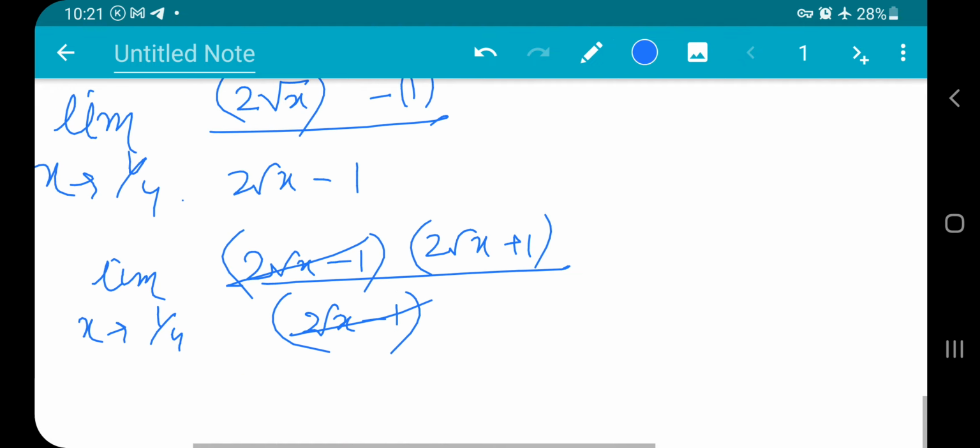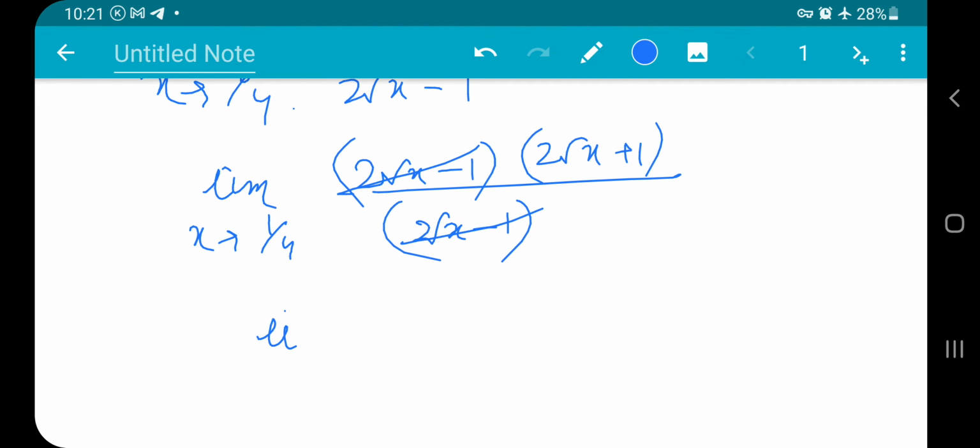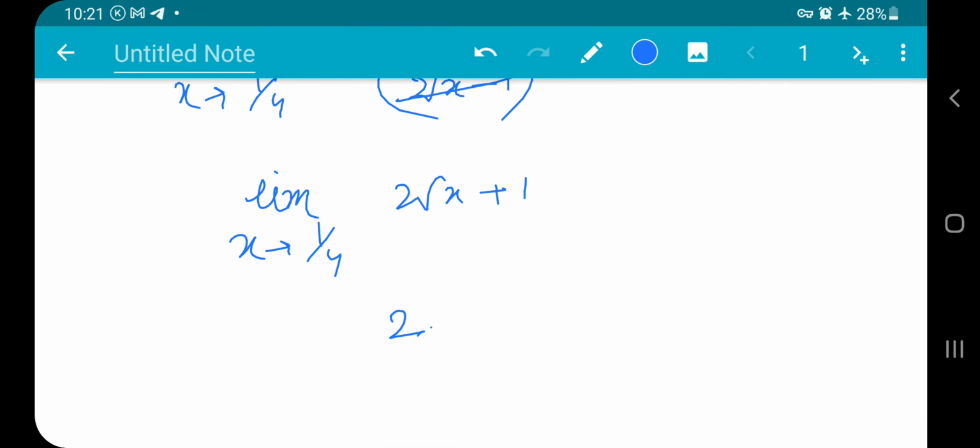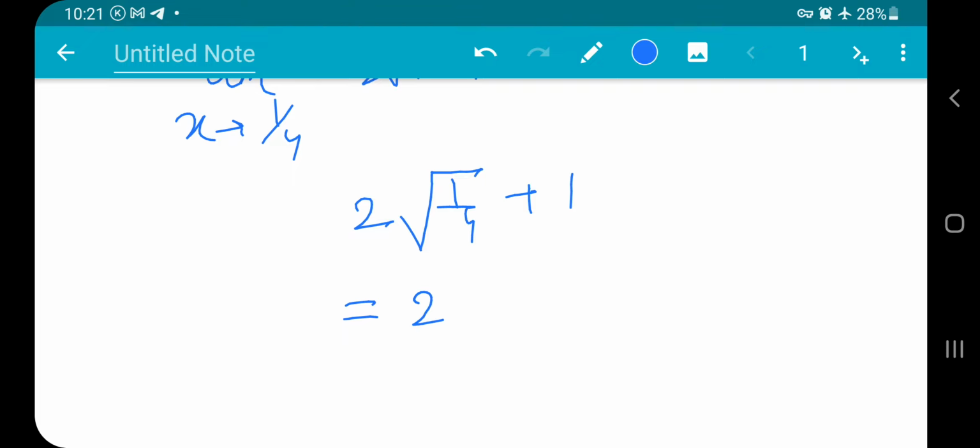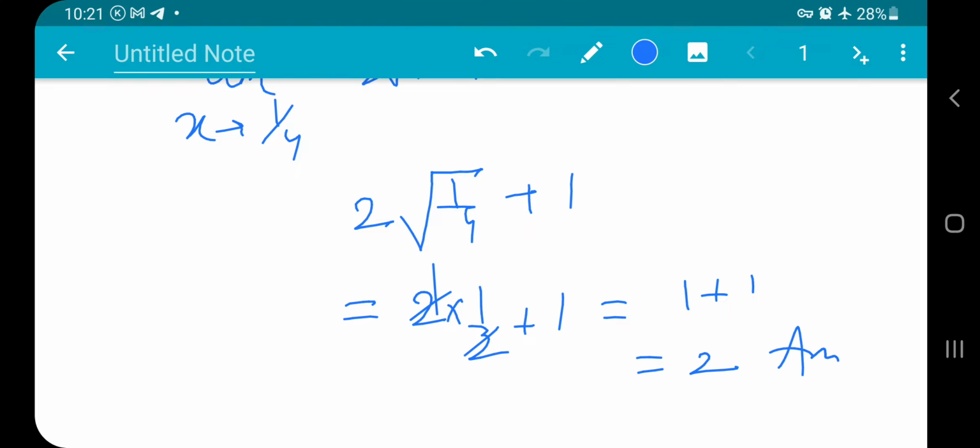This gets cancelled, and we are getting limit x tends to 1 by 4, 2 root x plus 1. So we are getting 2 root of 1 by 4 plus 1. It's equal to 2 into 1 by 2 plus 1. That is equal to 1 plus 1, that is 2. This is the answer.